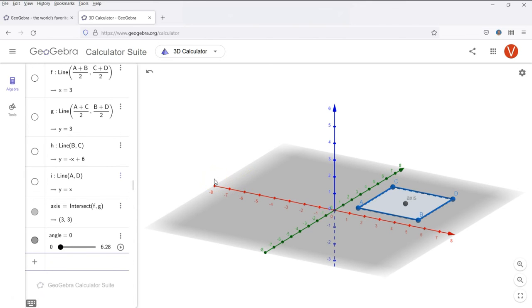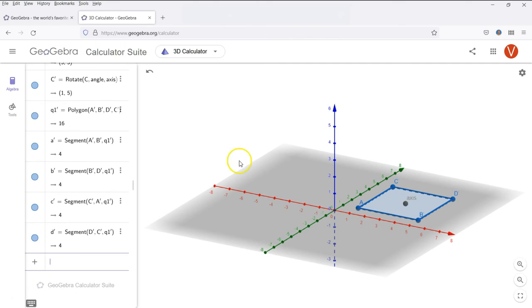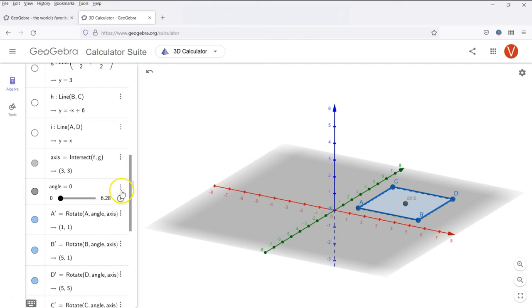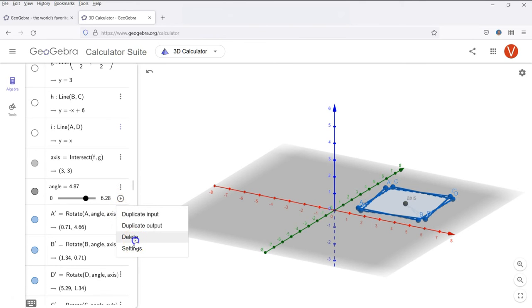Okay, now we can rotate. Rotate Q1 by this angle around the axis. Okay, so let's start it. After every pi by 2, it gets aligned. Okay. So that is rotation.